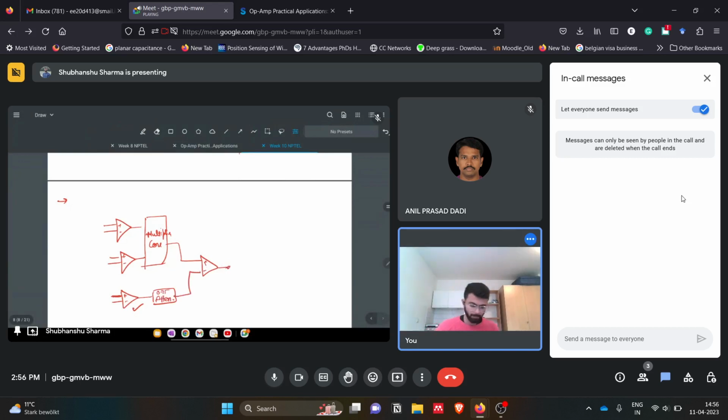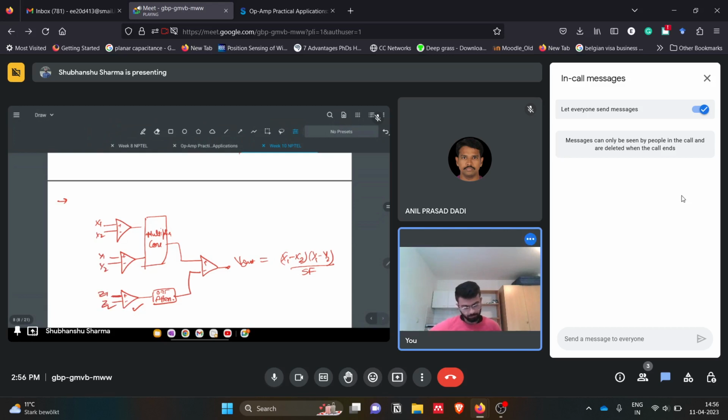The output of this op amp is given by x1 minus x2, y1 minus y2, and if you are not using z1, this is divided by the scaling factor SF. So this was x1 x2, this was y1 y2, this was z1 z2.